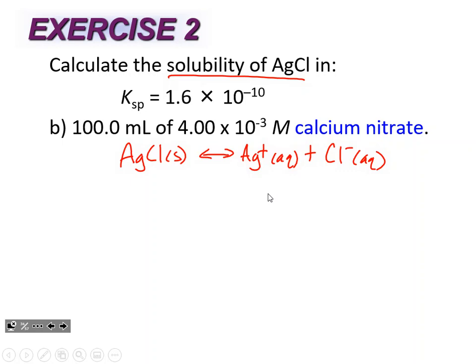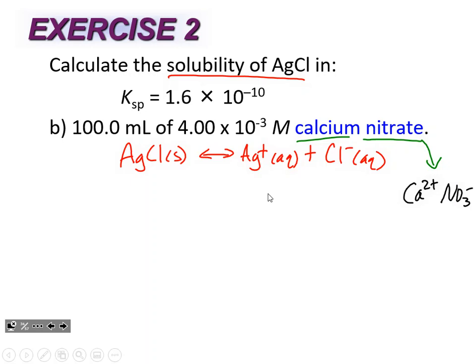The calcium nitrate. Let's go ahead and take a look at that. Calcium nitrate. What is calcium nitrate? Well, calcium ions, nitrate ions. This is going to break apart into these, calcium and nitrate ions.